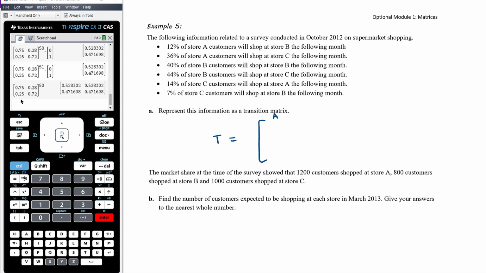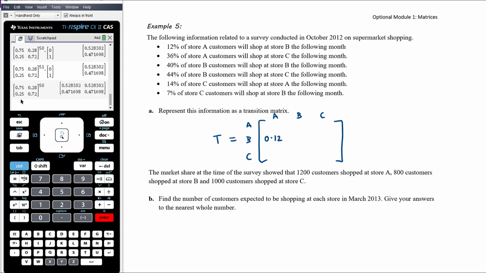So from store A, from store B, from store C, to store A, to store B, to store C. 12% of store A customers will shop at store B in the following month. So if they were store A, they will become store B at a rate of 12%.